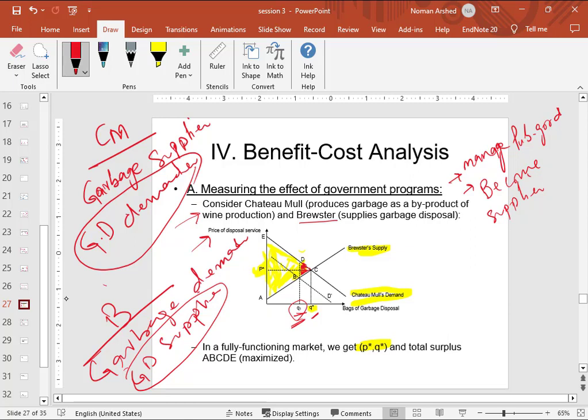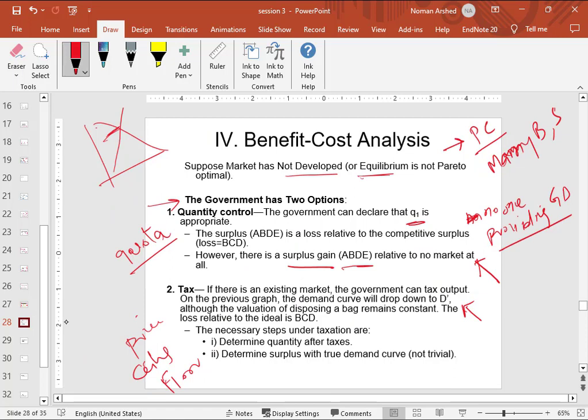If you apply the tax, the product will become expensive, so the price will become P plus T. So the price will go up, so it will reduce the quantity by shifting the curve leftward. So this is being shown here. So let's go back.